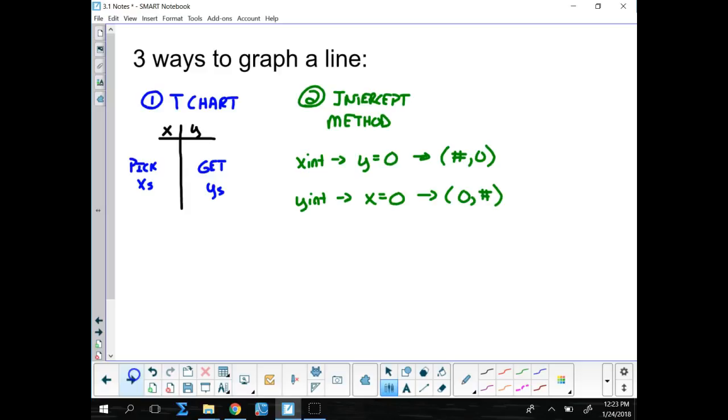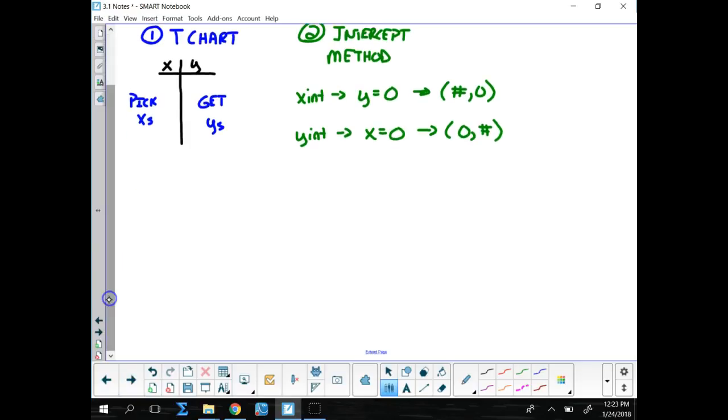What do you mean use the equation? Put it in y equals mx plus b form. That's probably going to be your most common method, right? When you graph it using the y equals mx plus b form, what do you do? I get that you were putting it on graph paper.